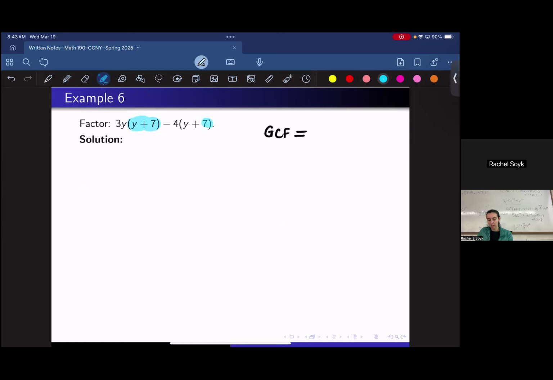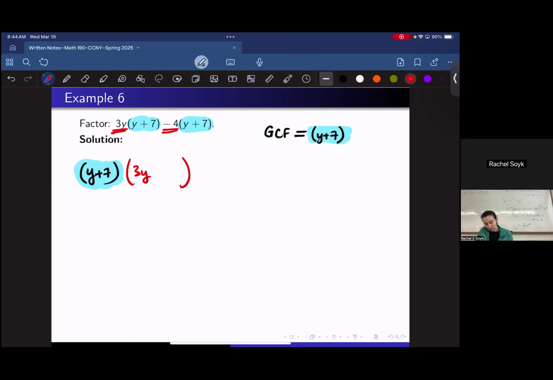They both share this binomial y plus 7. We really don't even have to do a cake method here. We can just pull that out straight from the start. This is sort of like the preview to factor by grouping. And then when we pull that out, what are we left with? A 3y minus 4. And then we're done.